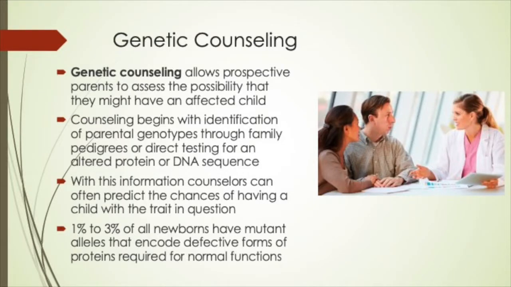So, what can you do about it? In the book, it says you can go through genetic counseling. I'm guessing that this is something that costs a lot, but anyway. Genetic counseling allows prospective parents to assess the possibility that they might have an affected child. Sure. But you have to go through your own family history.